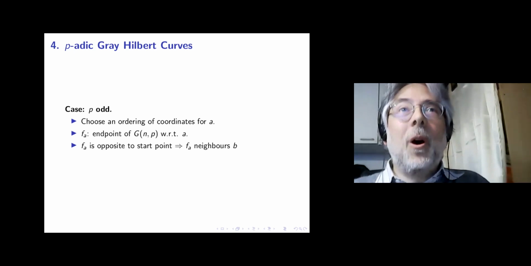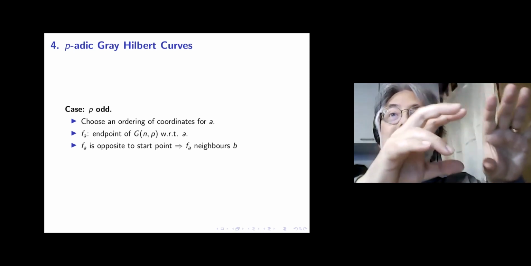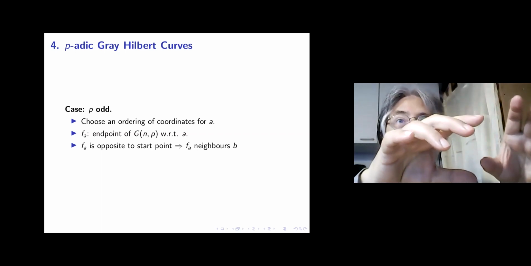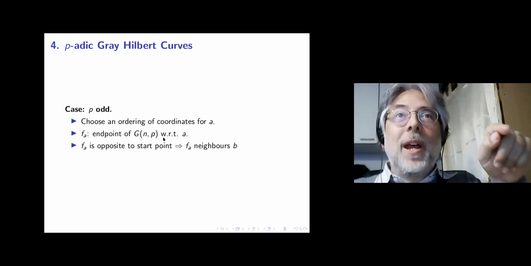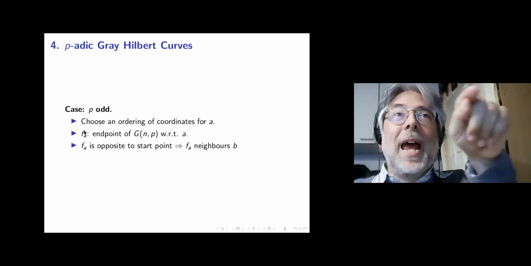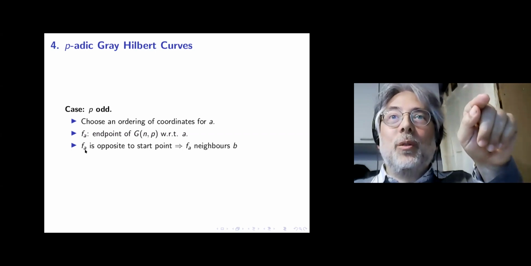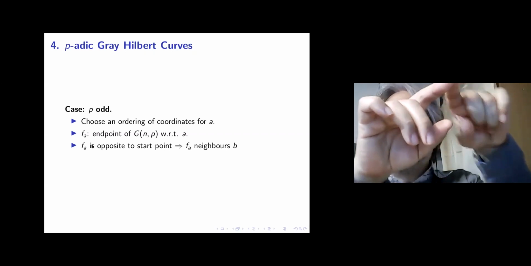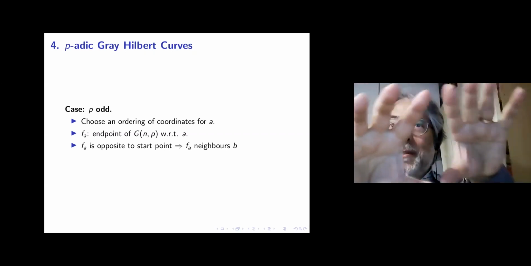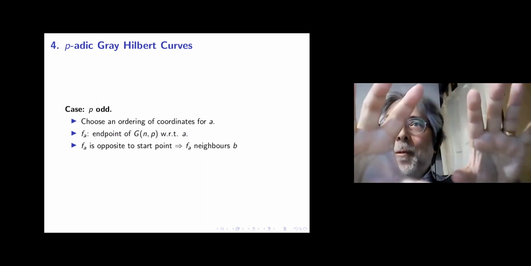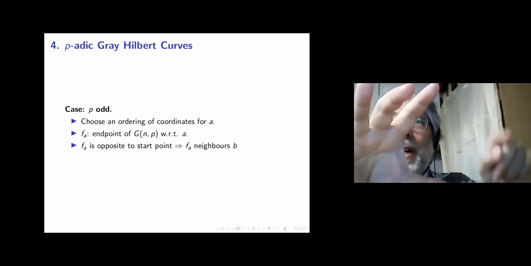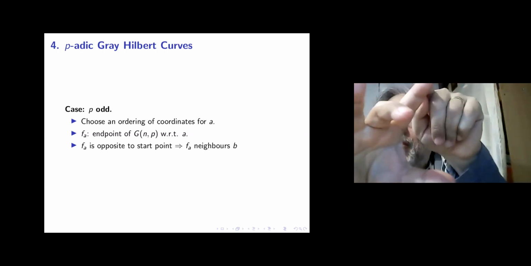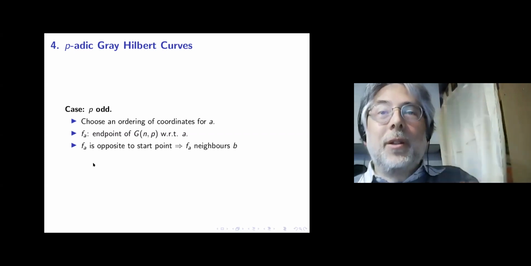In the odd case, you choose an ordering of coordinates for the first one, A, and then take this gray code and go up to the endpoint FA, and this FA is opposite to the starting point. That means it neighbors, because you start in the left corner and the next block is on the right of the first block A. So the opposite corner will be a neighbor of the next block B. So then you can continue with this.